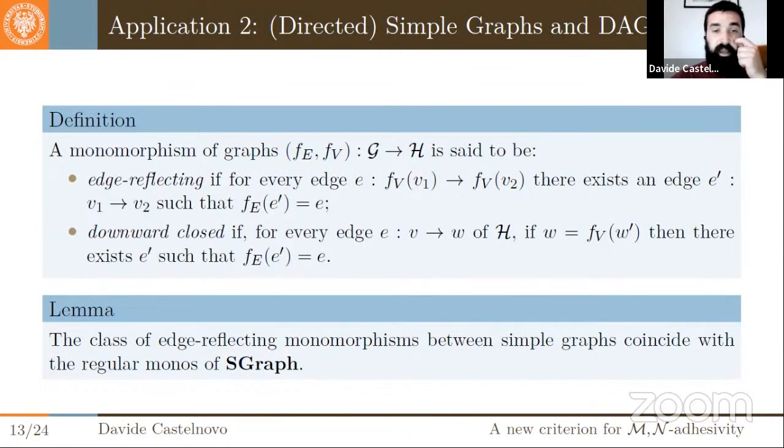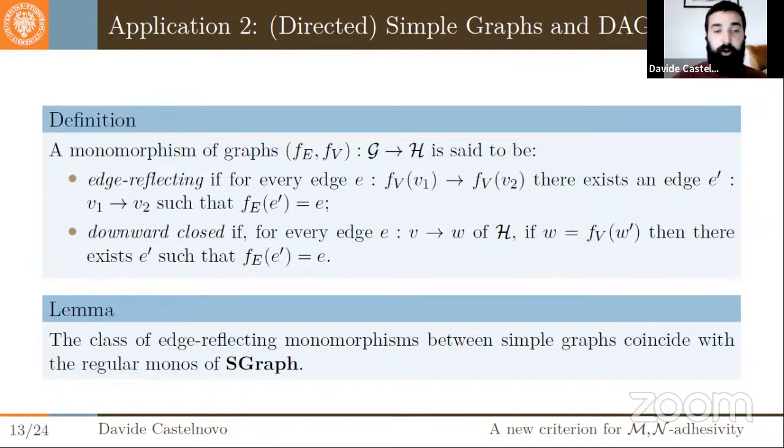So let's take a monomorphism between two graphs. We say that it is edge reflecting if, given an edge between the images of two nodes, then there exists an edge E' in G between the pre-images of the two nodes, such that the image of that edge is exactly the starting edge.